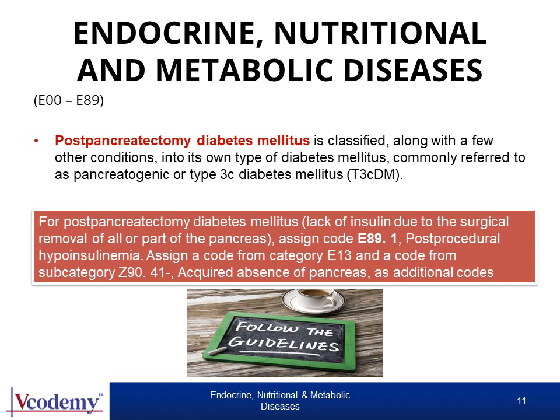These symptoms can make it difficult for the provider to determine if the patient has type 2 DM, T2DM, or T3CDM without further assessment of autoantibodies or ongoing insulin resistance. So this is particularly true in patients with pre-existing T2DM prior to surgery. So always follow the guidelines for each condition and sequence the codes accordingly.